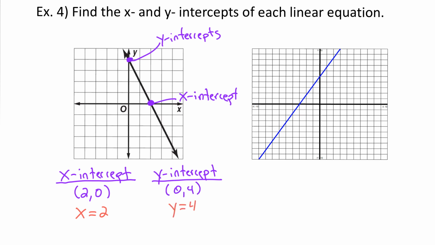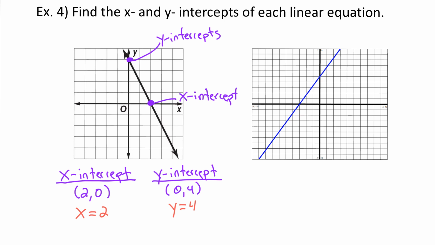So the y-intercept is y equals 4, or as a coordinate, 0, 4. Notice that x equals 0, and that's what needs to happen. For the y-intercept, x has to be 0. For the x-intercept, y has to be 0. So that's it. You found the two intercepts where the line crosses the x-axis and the y-axis.